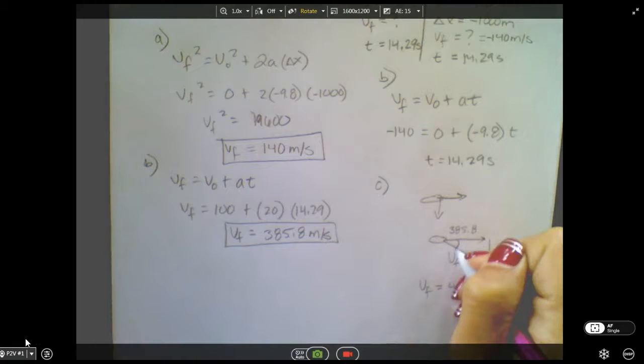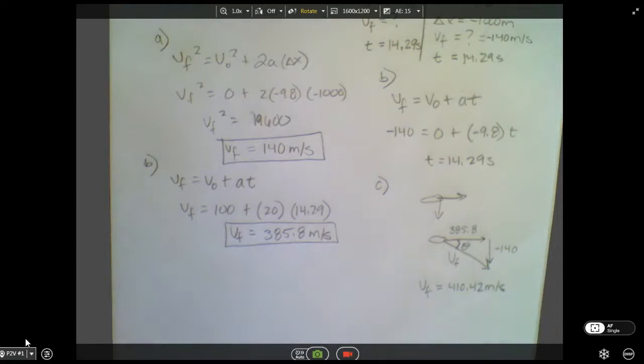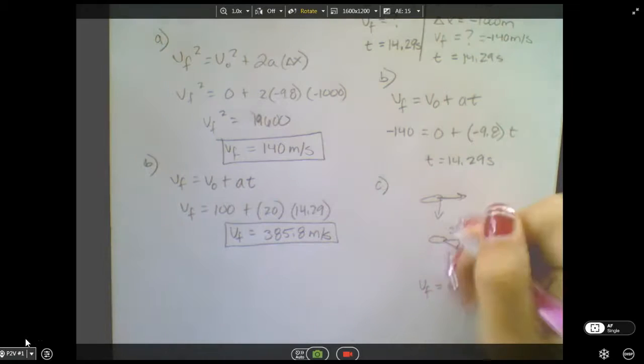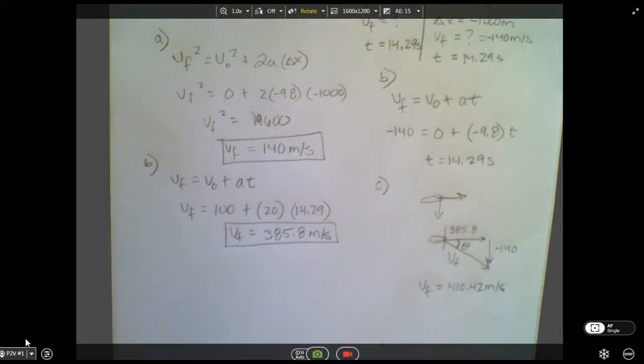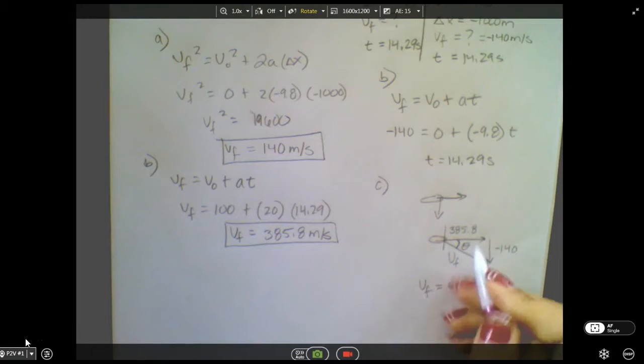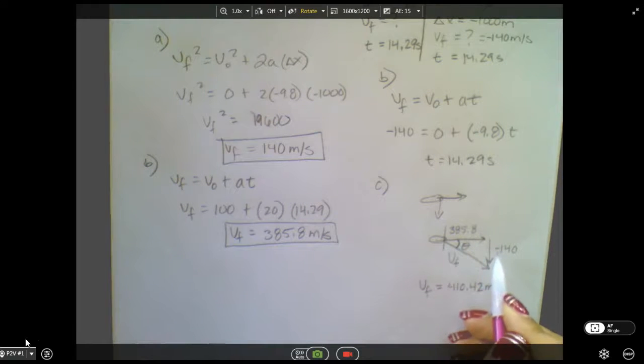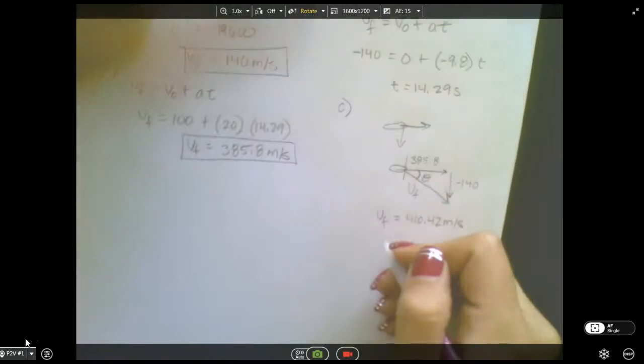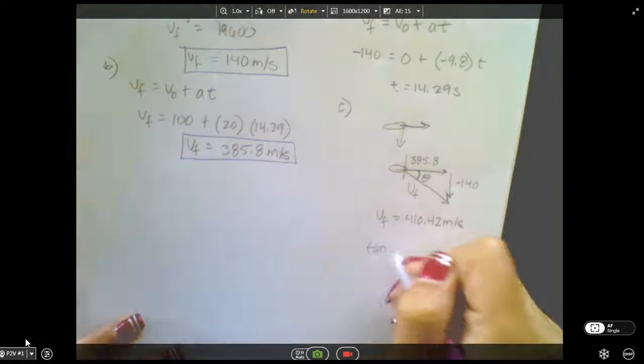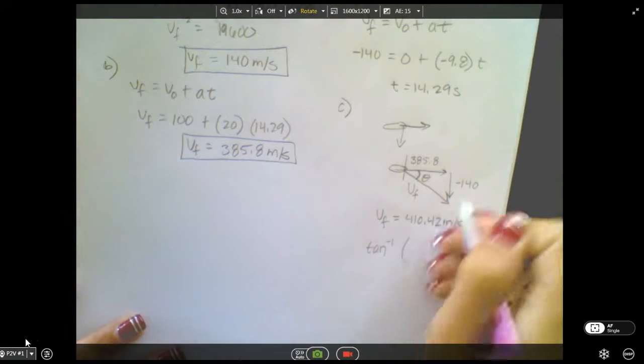So I would probably just find this angle here. And you never really want to find this angle because it's not a reference angle. You want to go from the x, where you can picture the x-axis. So this is my x-axis. I can find this angle by doing inverse of tan because I have the opposite and the adjacent side. I can do tan inverse of opposite, which is 140.